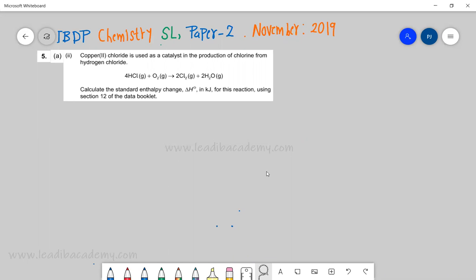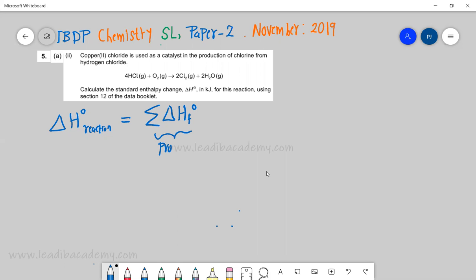So we are aware of that delta H for the given reaction, this is delta H naught for this reaction, is equal to, you take summation of all the products, delta HF naught, this is for the products.